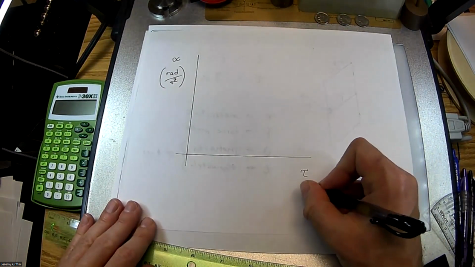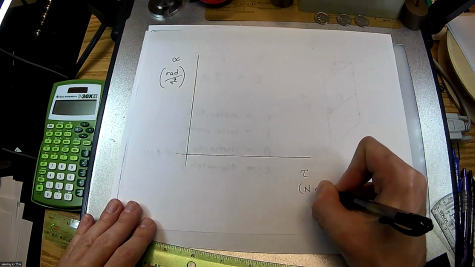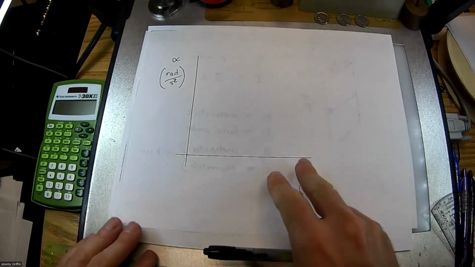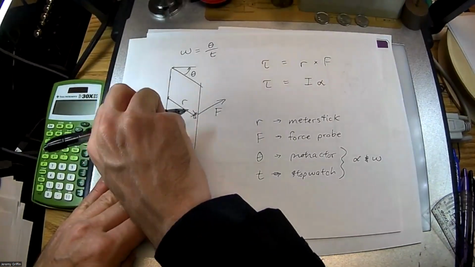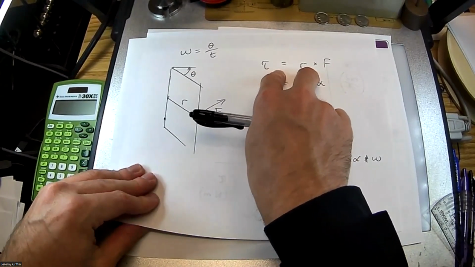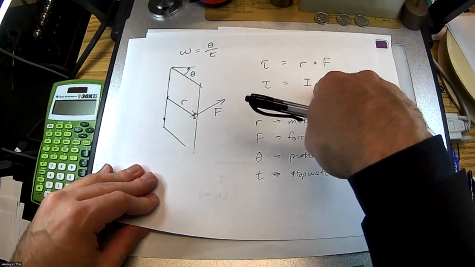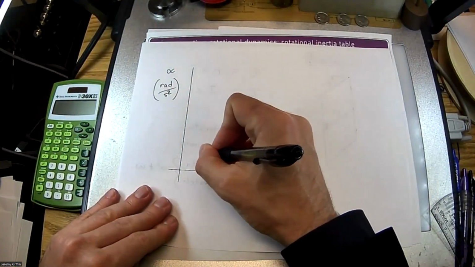Tau is torque. Guys, what's the unit? Newton meters for torque, right? So here we apply the same force at different horizontal locations. We're getting different torques. We're treating that as the independent variable. We're saying, well, how does it accelerate in a rotational sense? That's angular acceleration.